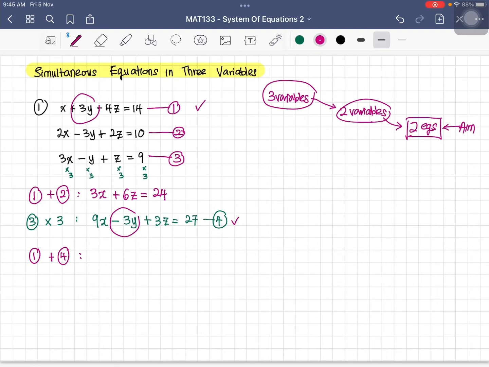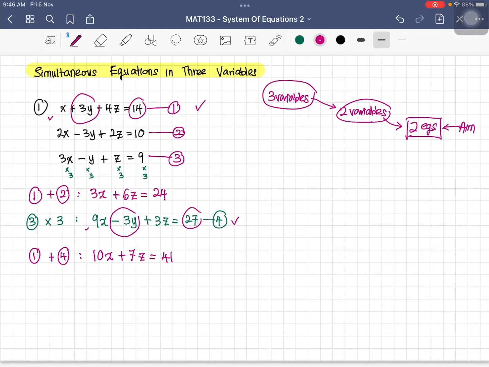We are left with x and 9x, so x plus 9x gives 10x. 4z plus 3z gives 7z, which is equal to 14 plus 27. Of course, we get 41. Okay, that one should be 41.